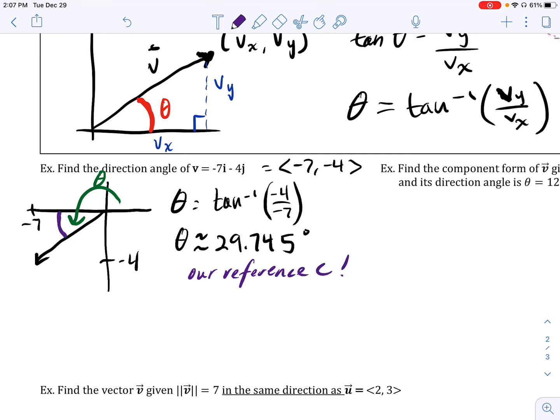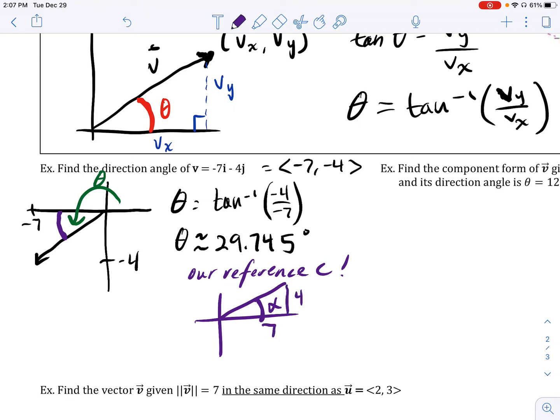So that 29.74, what they're giving us is this, because in the calculator's mind, what it's finding is actually this angle here. Or actually, I should say the calculator is actually thinking that we're doing this angle here to find the tangent of this angle, giving us an output of 4 over 7.